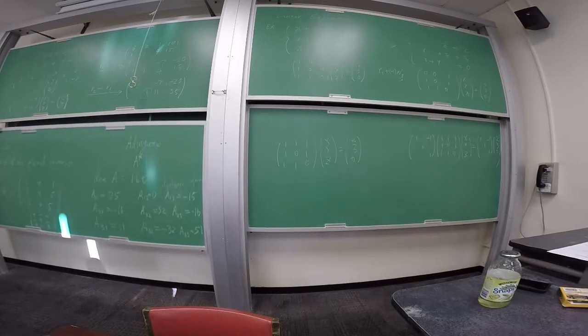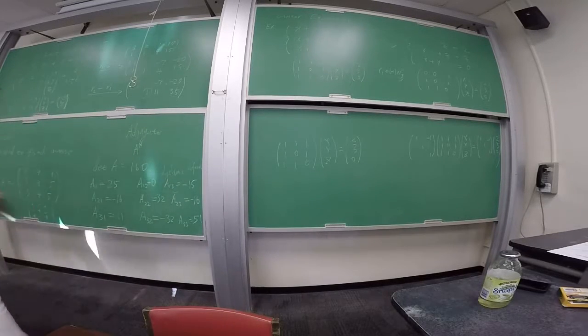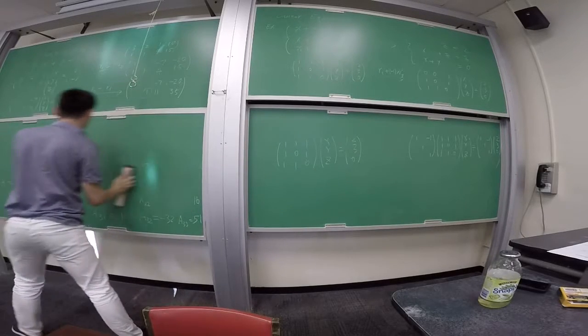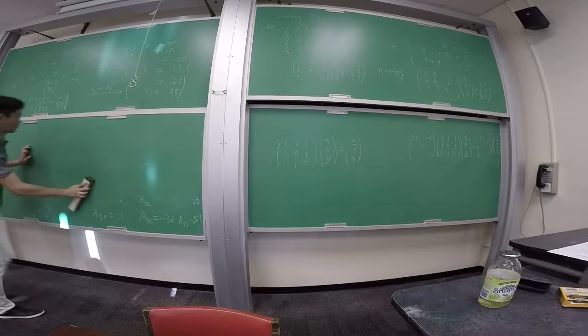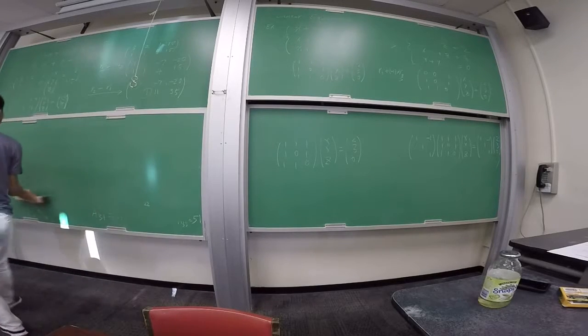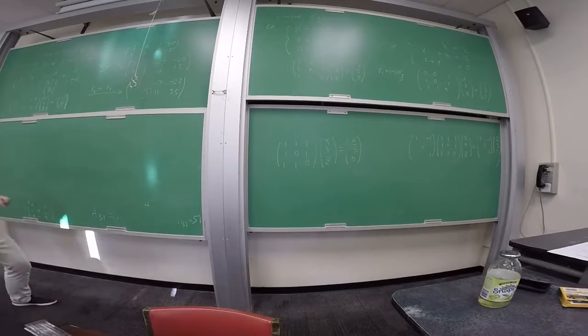So what are x, y, and z? Because you know that x, y, z tells you the coefficient of each column, such that you can combine them into this column matrix. So can anyone give me a value of x, y, z such that this equation holds true?